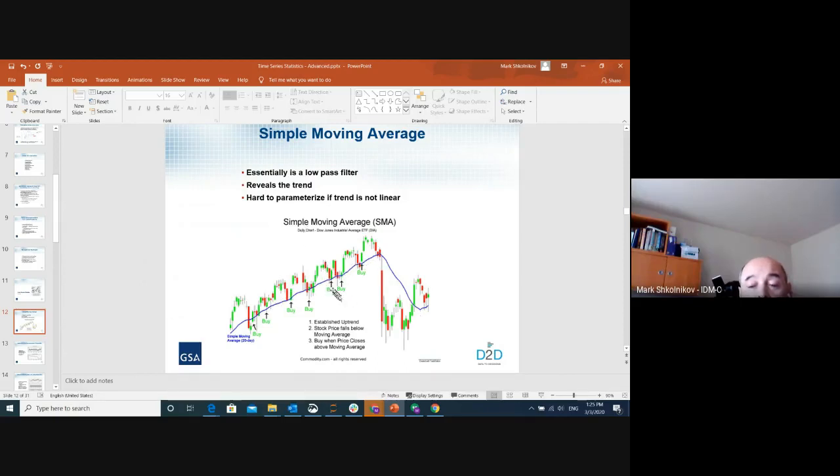The only problem with that is it is hard to turn it into a useful model because it's hard to parameterize it. I mean, turn it into an equation that we can use for plugging in the variables from the future regions, right? If the trend in the data is linear, then it is sort of easy to parameterize it.